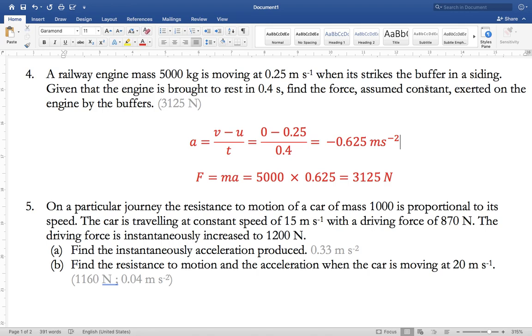The answer for the force is 1160 Newton and the acceleration is 0.04 meter second minus 2. Okay, let me continue solving this question. I give you a moment to think about it.